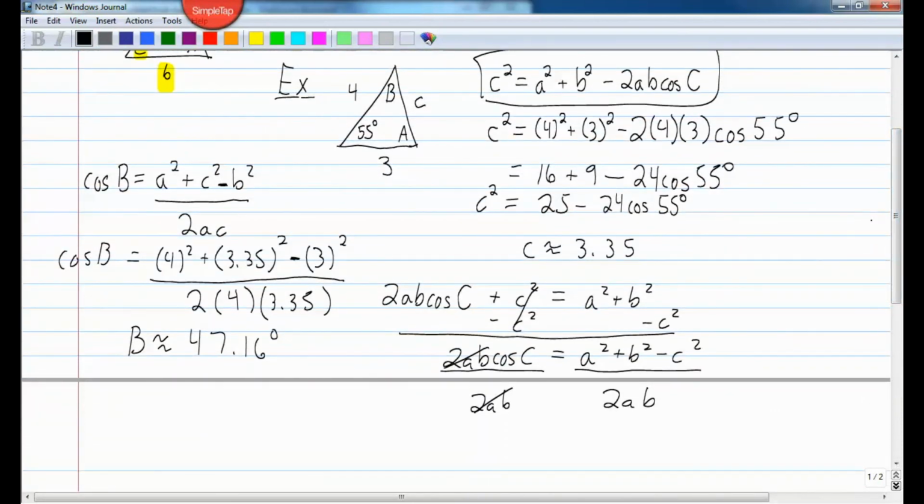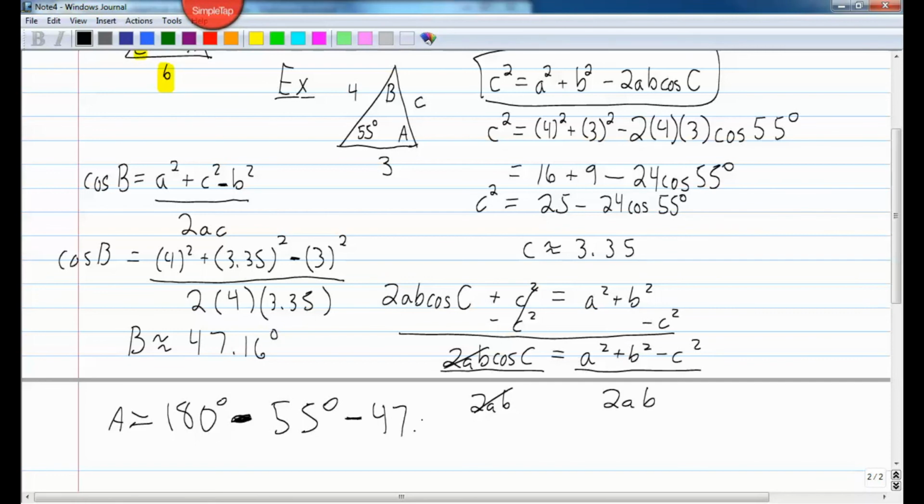I'll just use the fact that the three angles of a triangle add up to be 180 degrees to solve for angle A. So angle A is equal to 180 degrees minus the given angle measure, which was 55, minus the angle that we just found.